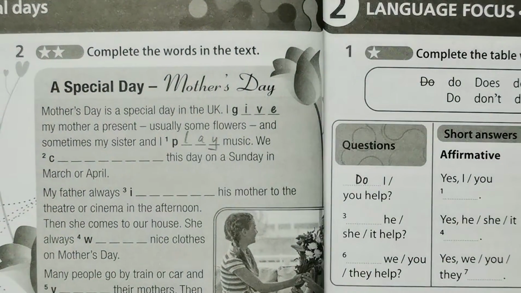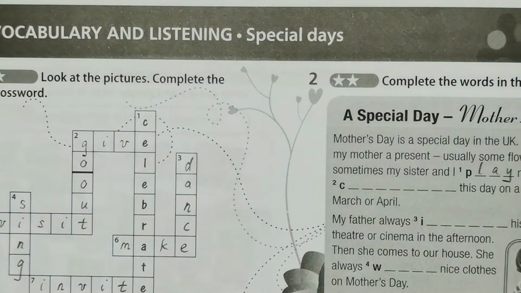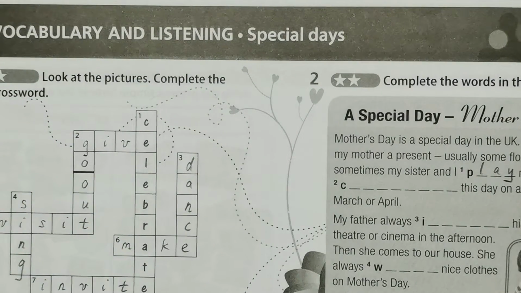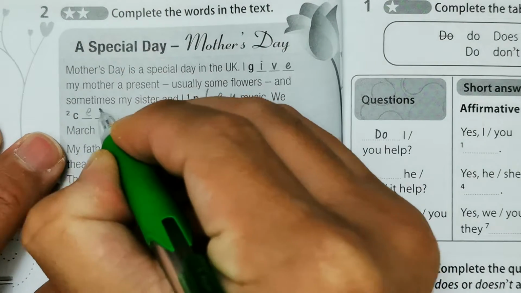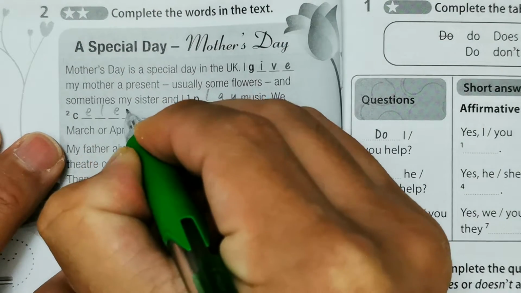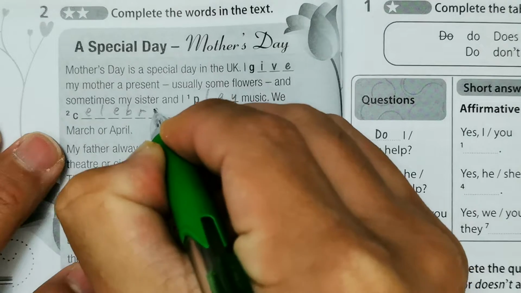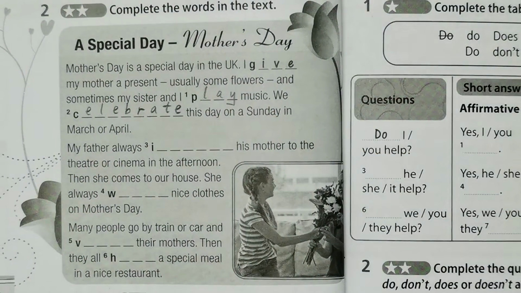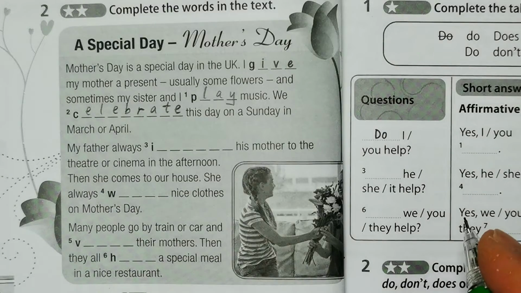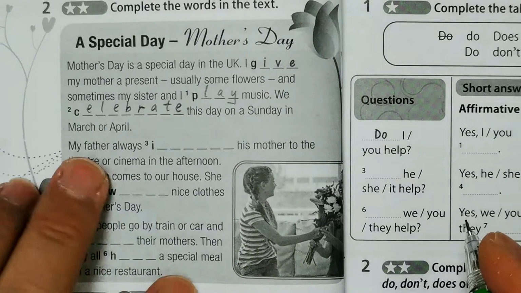We, this day, celebrate. You may copy it from the first activity. We celebrate this day on a Sunday in March or April.